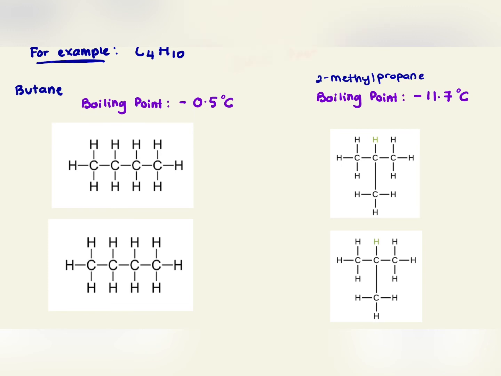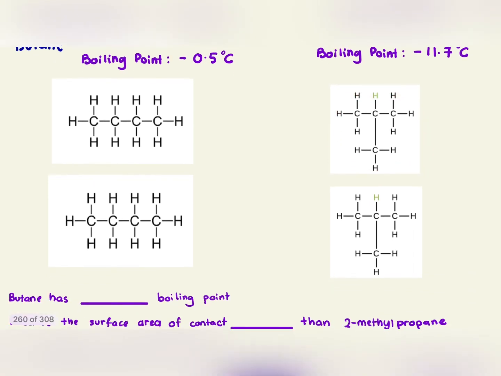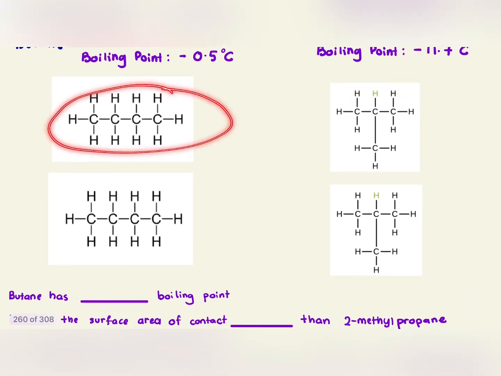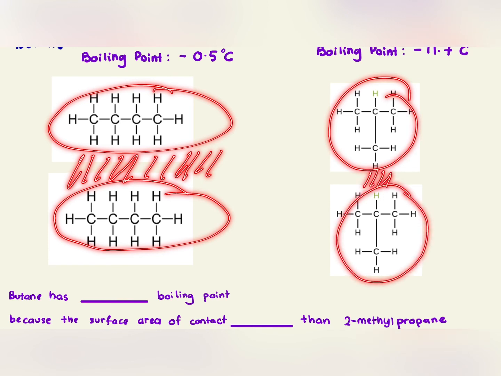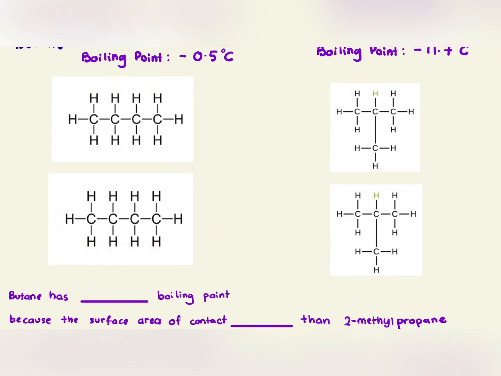Okay, so in this case when we have same ataupun similar molar mass, so kita kena tengok the next factor, which is dia punya shape. So butane dia tersusun dalam keadaan memanjang begini, and untuk 2-methylpropane it is branch structure. So you can see here untuk butane with another butane, dia punya surface area in contact is larger compared to 2-methylpropane.